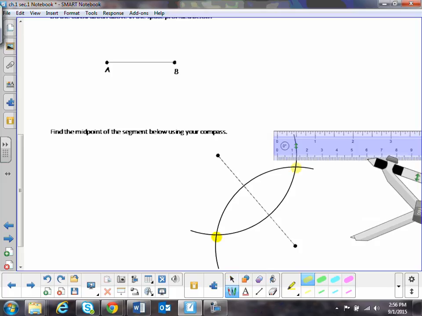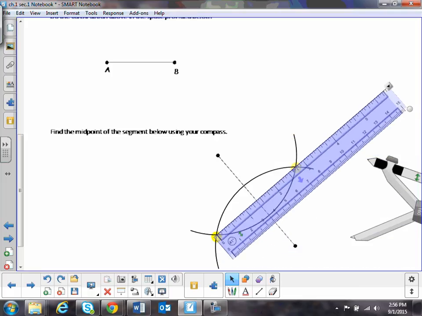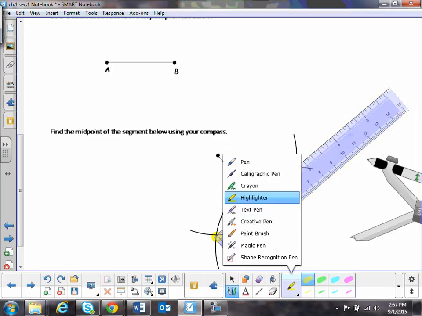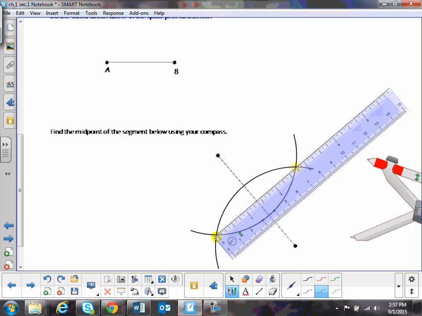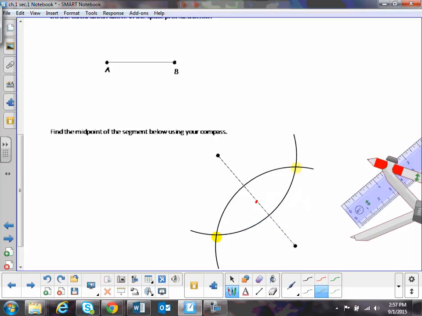Then that one. Now it's time to line up your ruler. So put your ruler on both intersection points like that. And then all you have to do is make the midpoint, which is right there. This midpoint right here, we'll just call it M, and M is the midpoint of that segment.